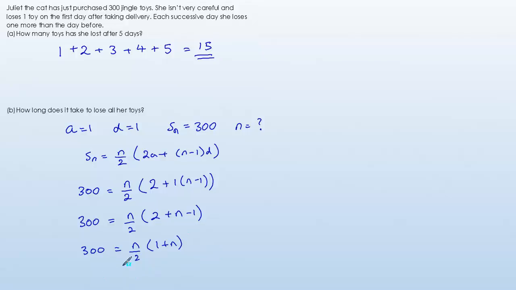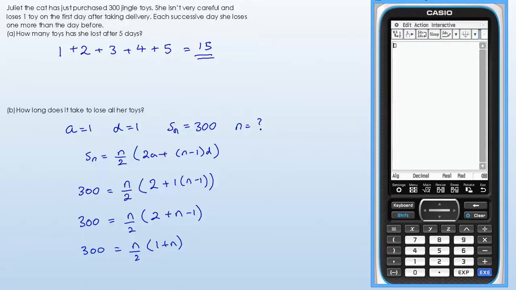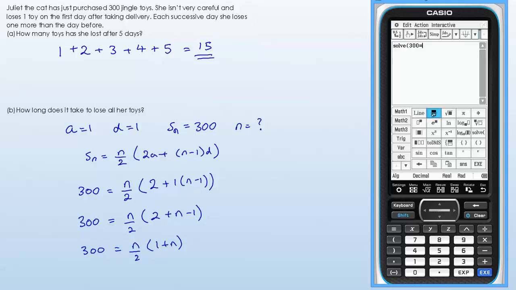Now, it's not easy to see what the solution to that is, so let's solve it on the calculator. So, action, advanced, solve, and then we have 300 equals, let's use a fraction template, and let's use x instead of n.